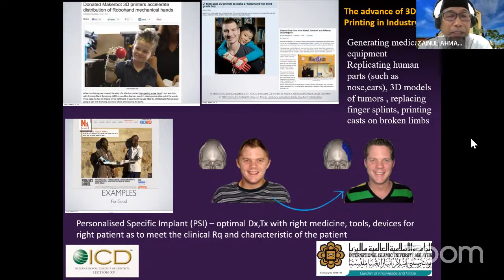And now we see the term personalized specific implant, or PSI, being used. It especially gives optimal treatment and diagnosis, the right medicine or tools or devices for the right patient, to meet the clinical requirements and characteristics of the patient. So this is what we mean by PSI, or patient-specific implant.